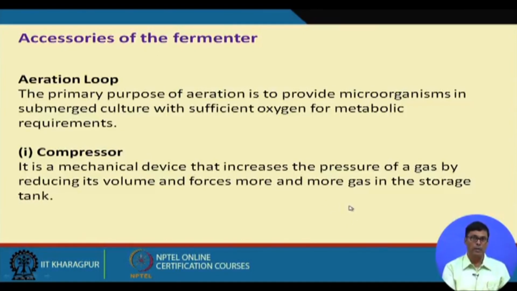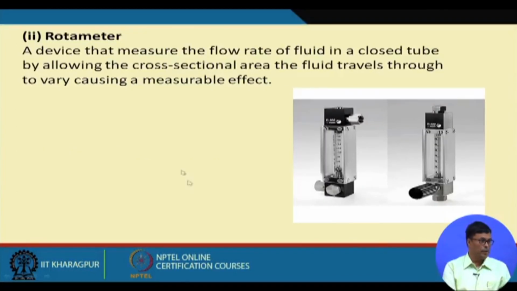This depends on the mass transfer coefficient of the system and the flow rate of the air, that is usually determined with the help of a rotameter. The rotameter looks like this. You can see in the rotameter there is a linear scale, and there is a float, a small ball.